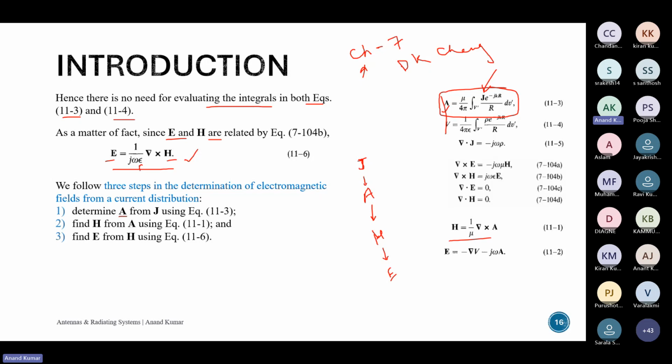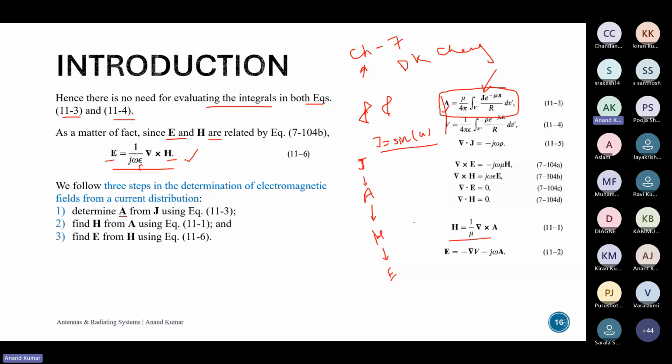How do you find J? So J is already known. The distribution is known. For example, if you have a current dipole with a current, you define how the J would look. Usually we define J as some expression of, for example, a sine function.